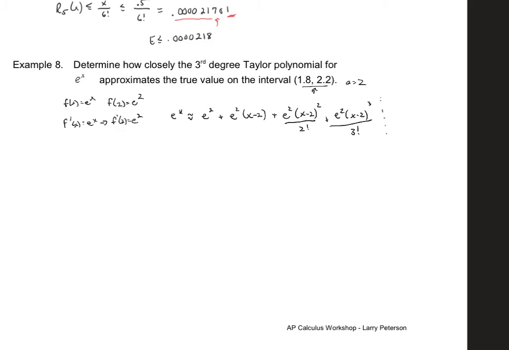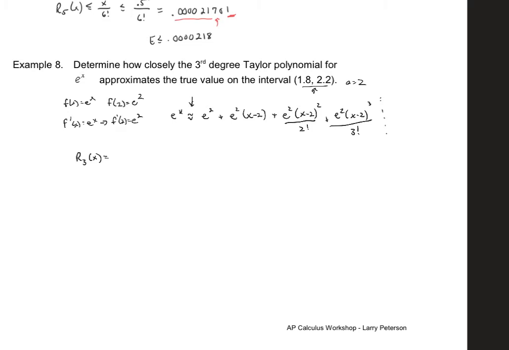We're going to chop it off there, and that's why we're saying it's only approximately equal to e to the x on this interval.